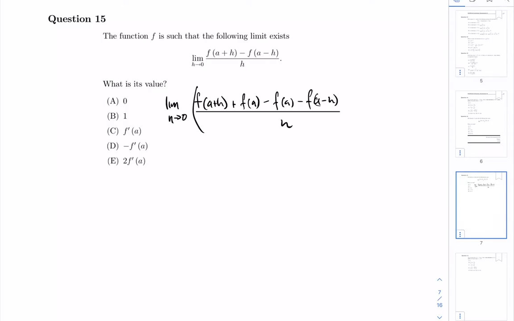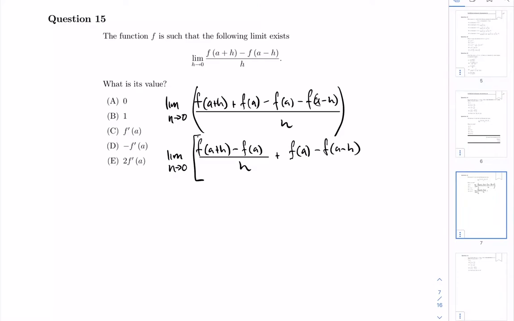Now I can take the limit as h approaches 0 of f of a plus h minus f of a divided by h, plus f of a minus f of a minus h, all divided by h.